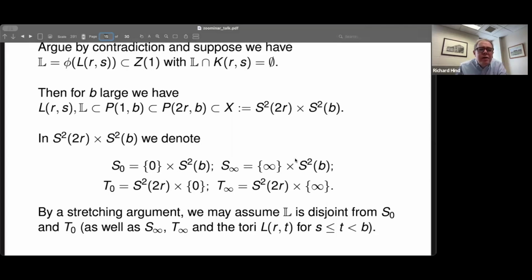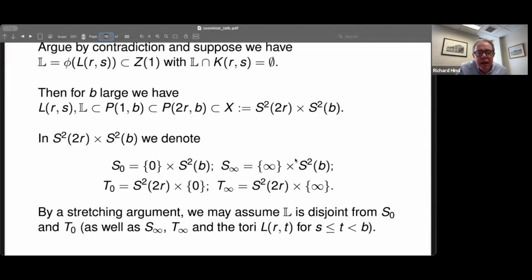L_RS is the product torus, so I just know that it's disjoint from S0 and T0. But now I'm claiming, with a kind of stretching argument, that we can also assume that the bold L, the image, is also disjoint from S0 and T0. It's not obvious, but somehow I want to assume that's true.